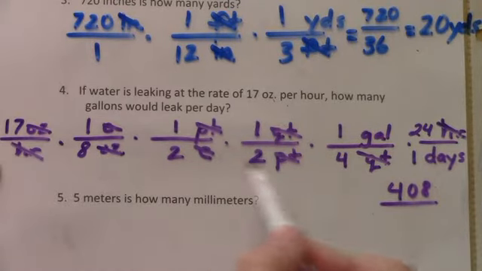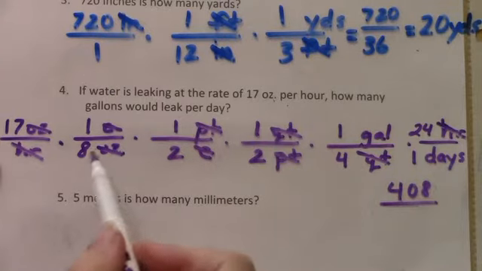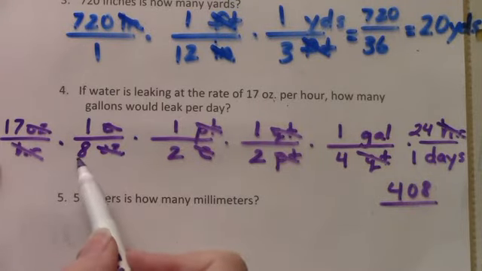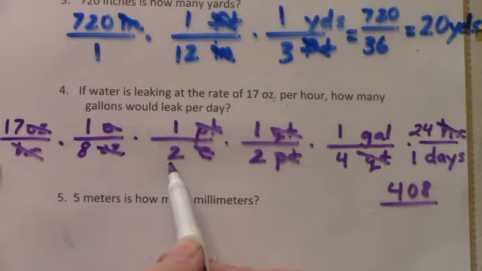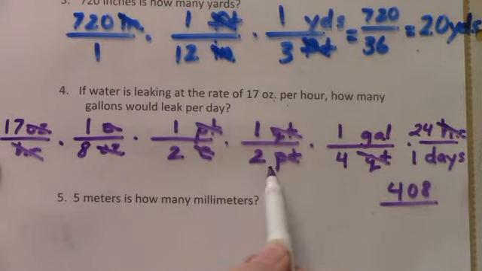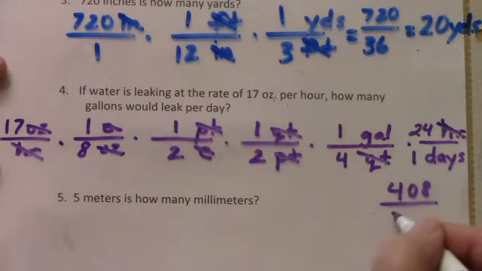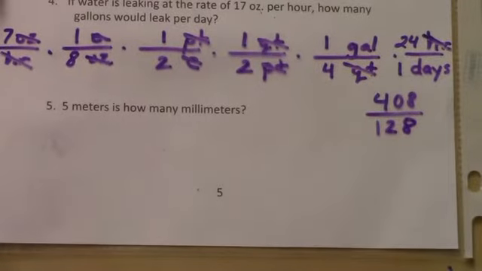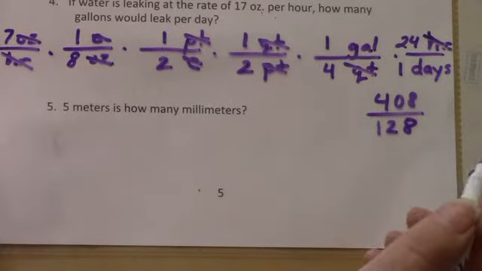But now let's look at what our denominators will come up to. 8 times 2 is 16. Times 2 is 32. And 32 times 4 is 128. Now we're going to take that and we're going to reduce that.